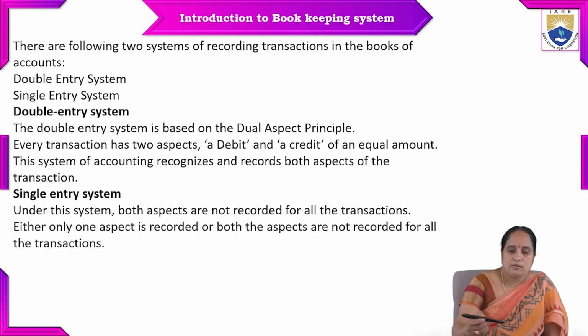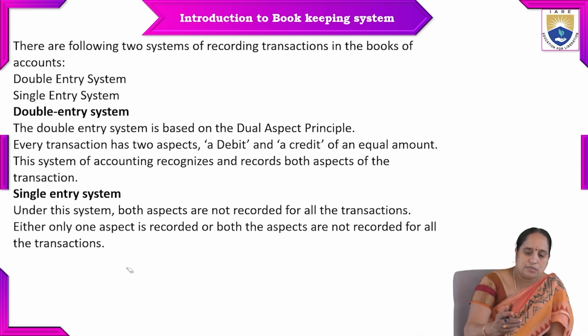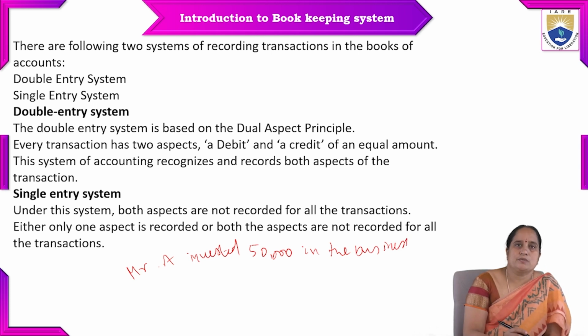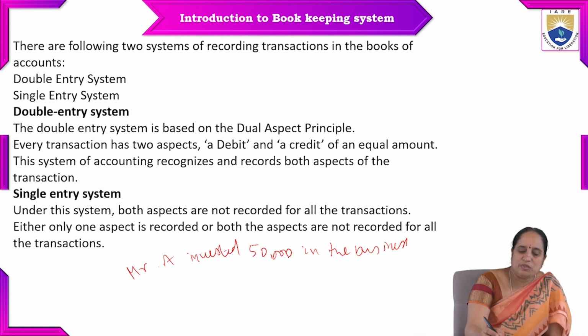For example, Mr. A invested 50,000 in the business. So this is the transaction, whatever recorded in the primary entry. So the same account, he invested means it is in the form of capital and he invested 50,000 means in the form of cash.